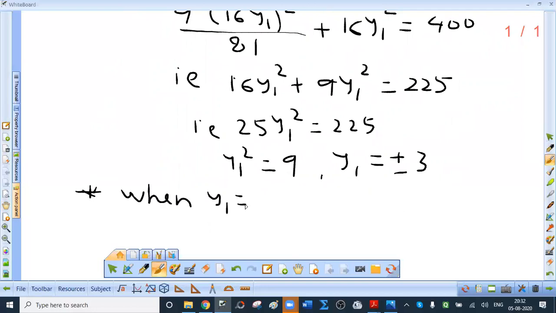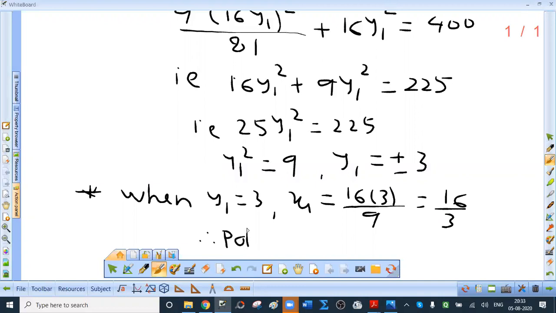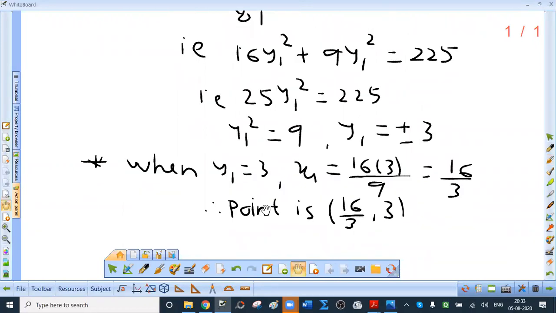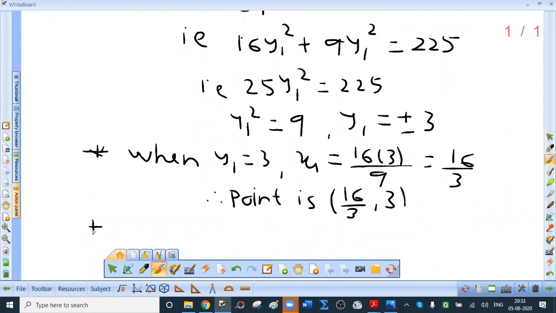When y1 is 3, x1 is nothing but 16 into 3 upon 9, that is 16 by 3. Therefore, the point is 16 upon 3, comma 3.